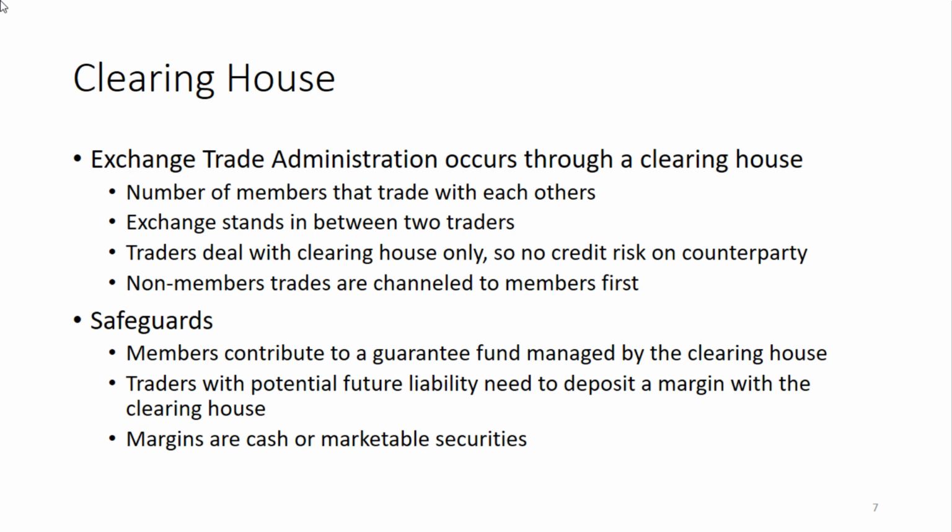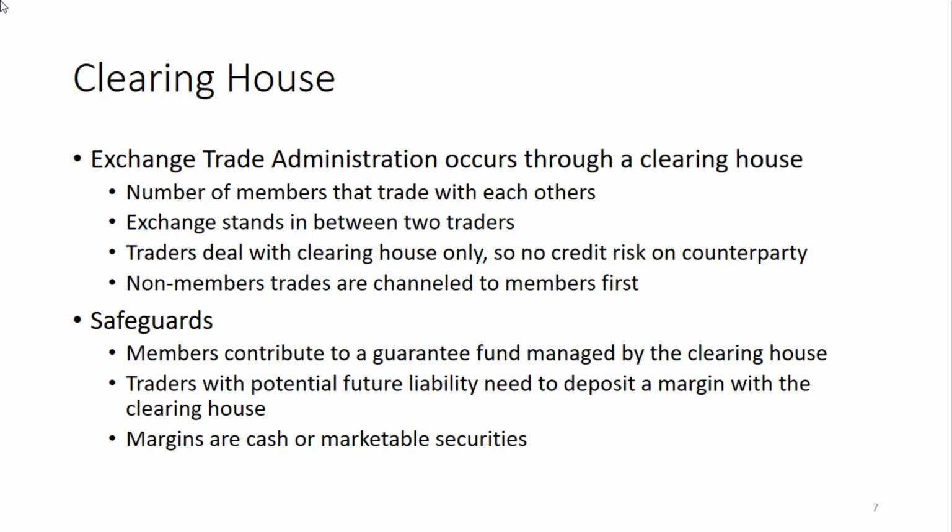So whenever a member enters into a contract with the clearinghouse that has potential future liabilities, so there may be future losses that need to be covered, the clearinghouse will ask for margin deposits, at different percentages depending on how much is needed. So then there will be two safety guards for the clearinghouse in order to mitigate risk.